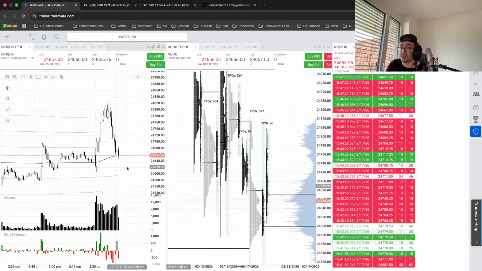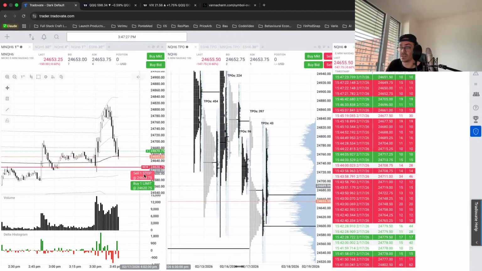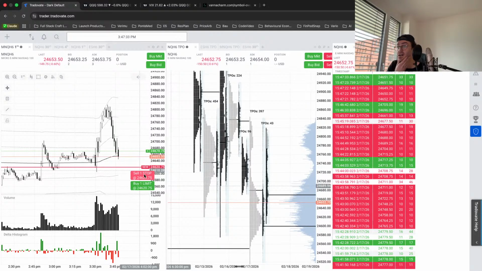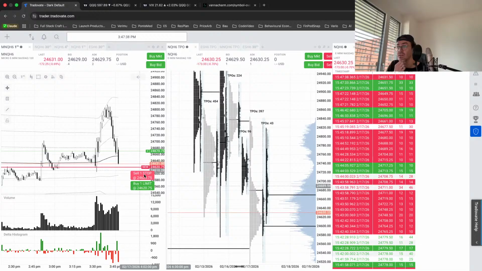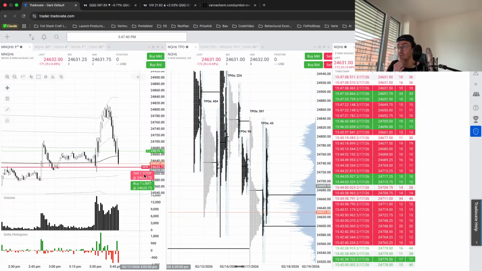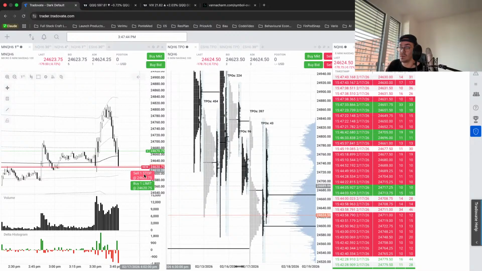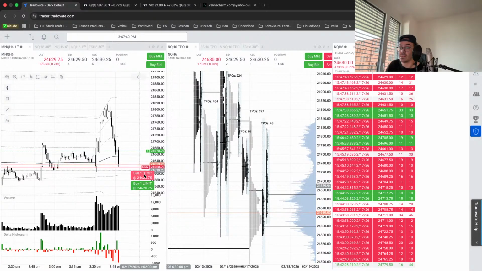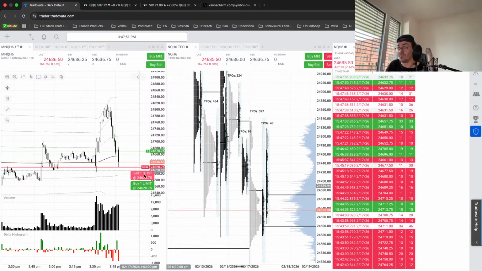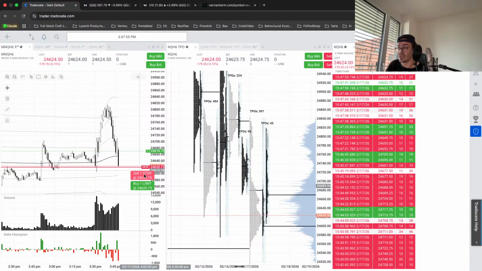Yeah, let me see here. If I were to short the 1 minute opening range down, let's see what they do here. I mean, they slice through VWAP like butter.